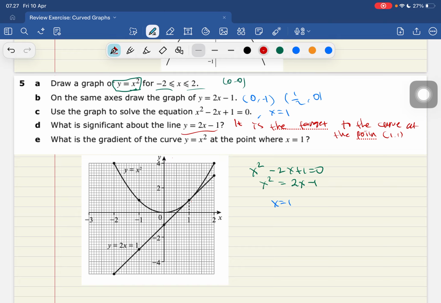What is the gradient of the curve at the point x equal to 1? Okay, here, so we can just find it. From here we are going up, so the y-intercept is negative 1, and the gradient at the point where x equal to 1 equals 2.